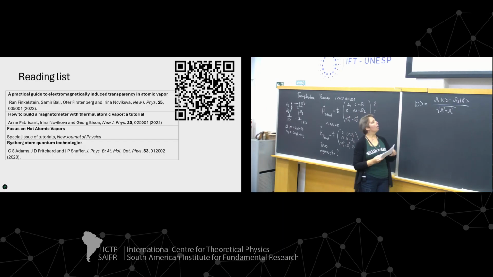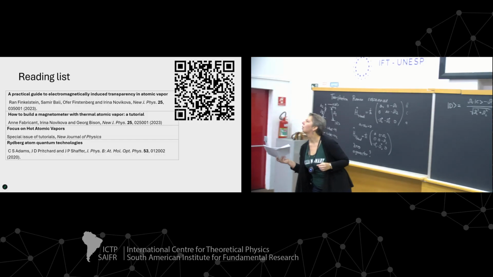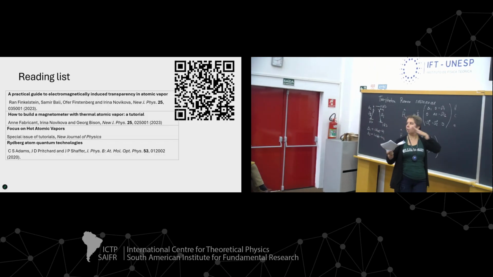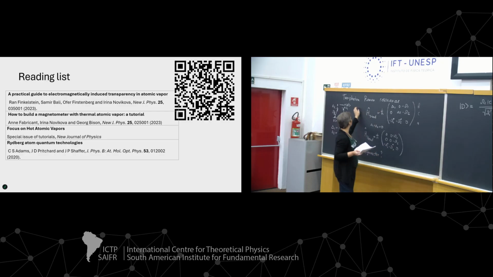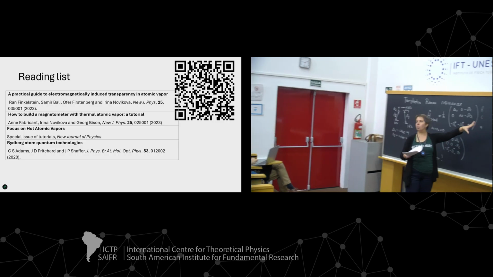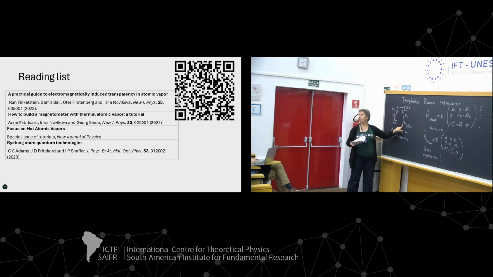Good. So what do you think is special about this state? There is no energy. It doesn't contain any of the excited state, right? So what it means is that if the atoms are in the state, remember, these are two very long-lived states.